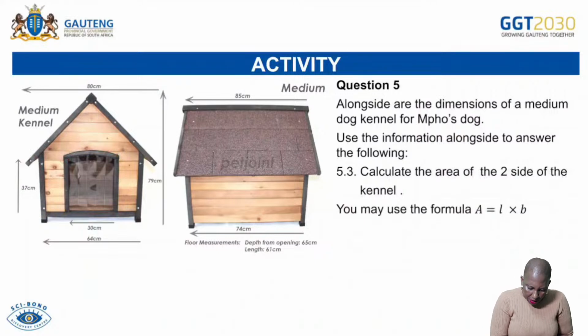The last question for this one, it will be now area is equal to length times breadth. Now if you check here the two sides of the kennel, we have side A and also on the other side, meaning it will be this side and the other side, but like this. And then we say the length of the kennel is what?